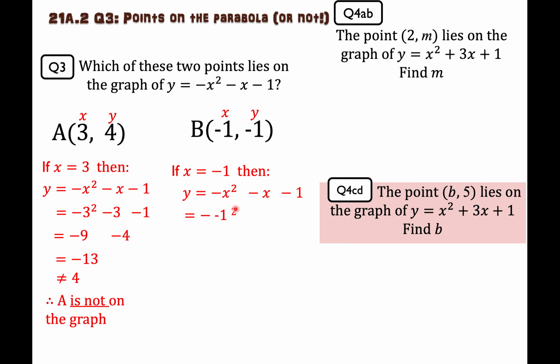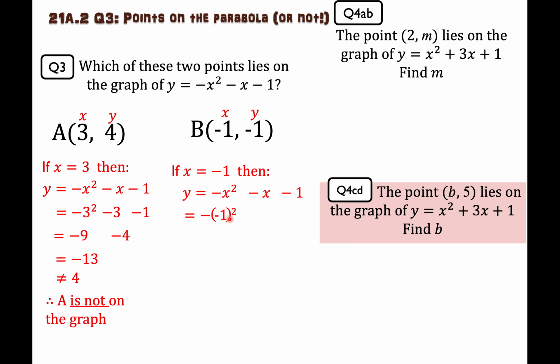But there is a sneaky issue here, and you might be able to see the issue with this negative number. The issue is that if I substitute a negative number in, I should really put it in brackets. If I don't put it in brackets, it's just the 1 that's being squared. But really, I want this whole negative 1 thing to be squared. The whole of x to be squared.